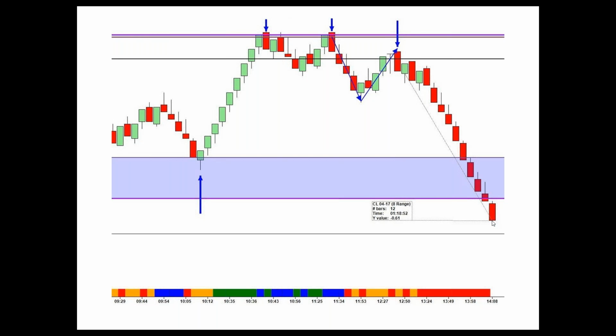Now, there's something really important about these zones, and that is when they're confluent, like they are up here, when the low volume node is tight to the value area high, the zone is extremely strong. When the zone becomes wide and the low volume node separates from the value area low, then the zone becomes weaker.